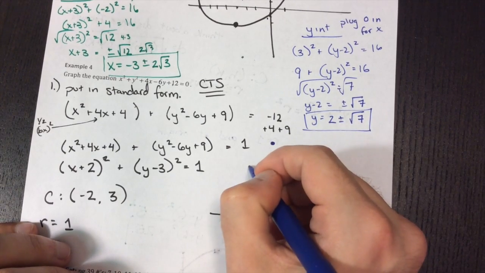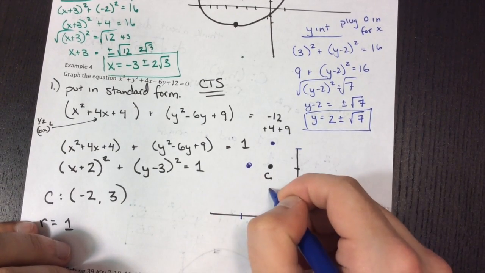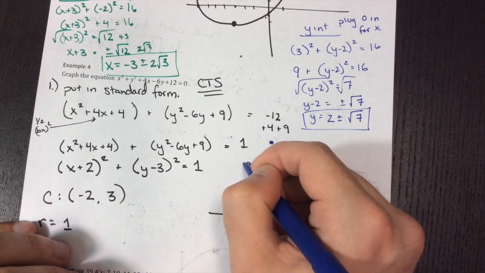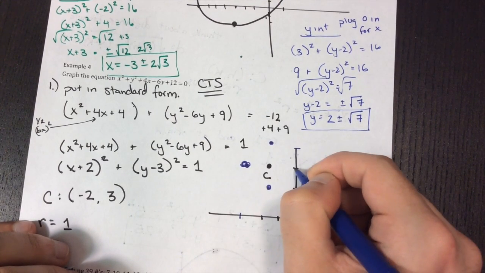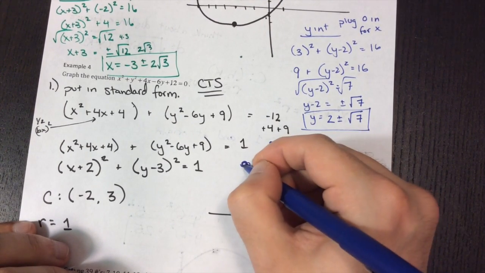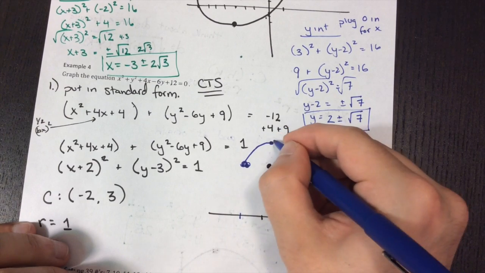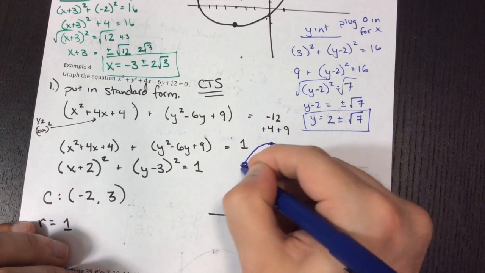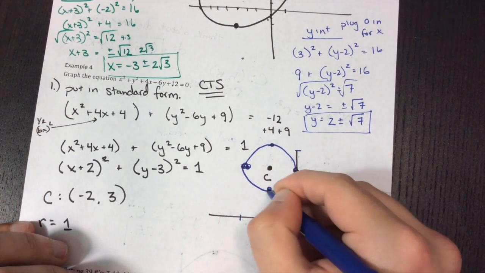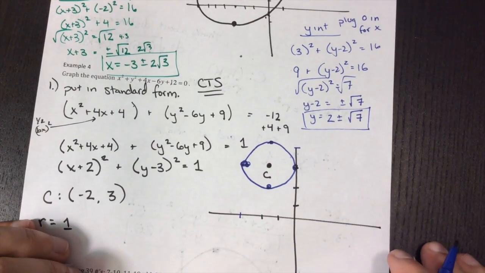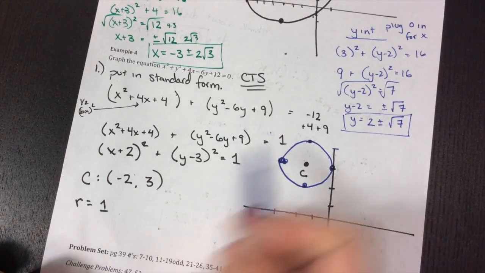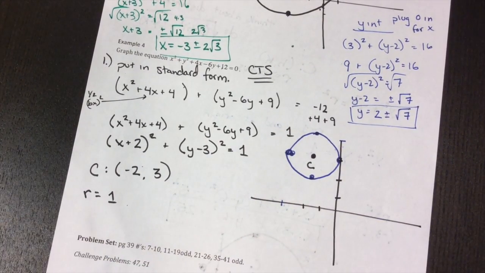I'm going to go down 1. Let's make sure that's a little more. And then I'm going to go right 1. And if I connect my circle, this one actually looks like a circle. Just by knowing my center and my radius, I can graph my circle.